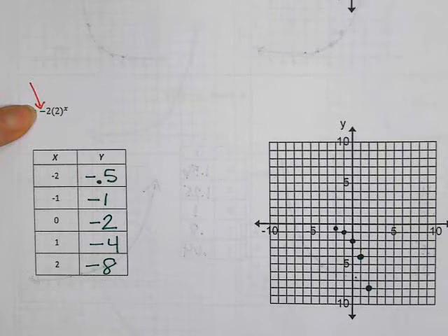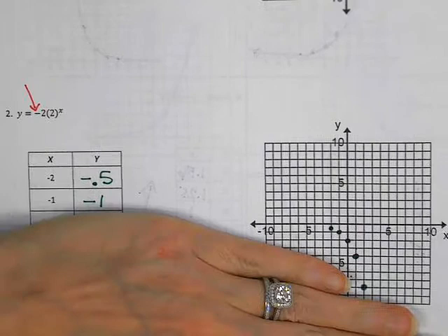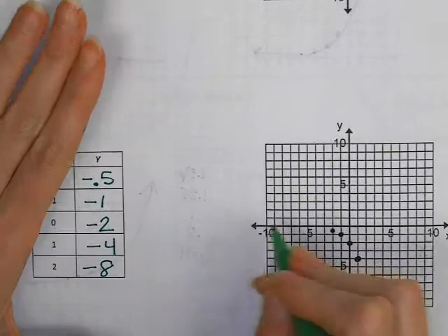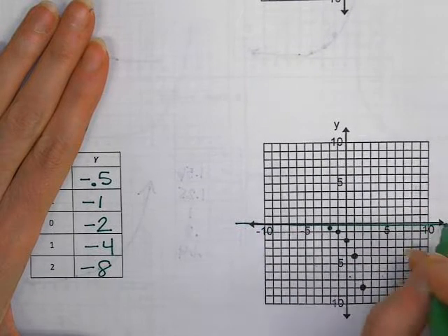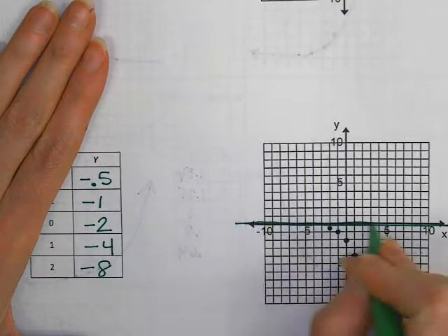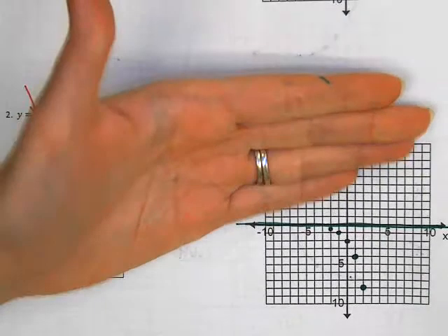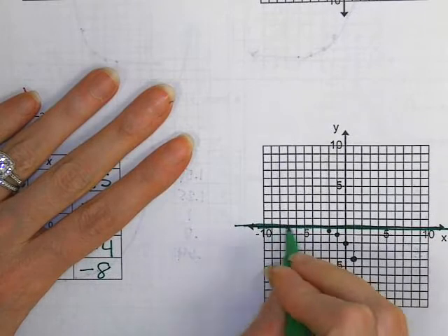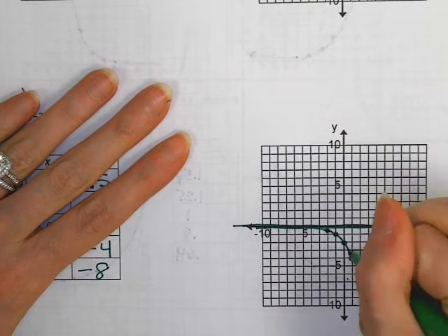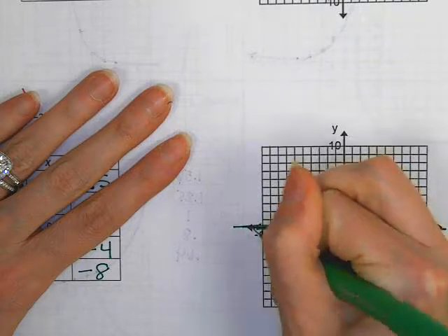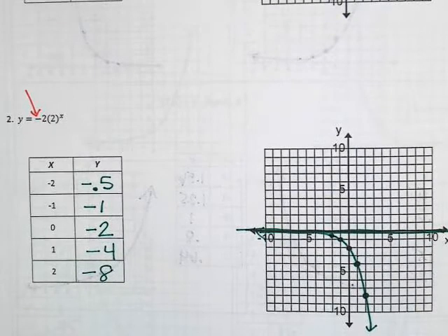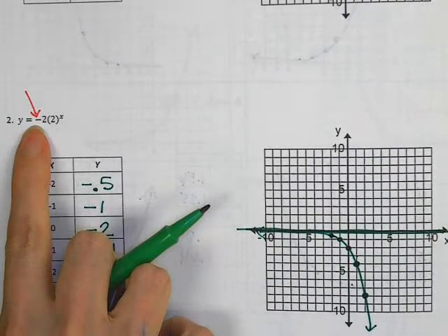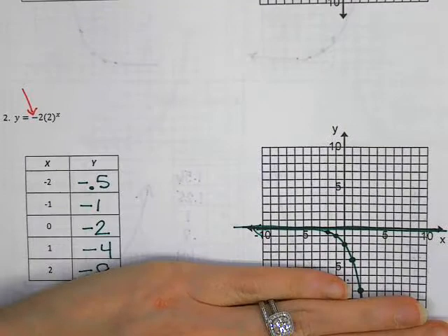Turns out a negative sign just flips it over. It's still never going to cross 0. You're never going to cross 0, but now since the graph got flipped, you're going to connect the dots, and it's going to be a curve down here. Okay, so just a heads up, when you get a negative sign, it's going to flip it down here.